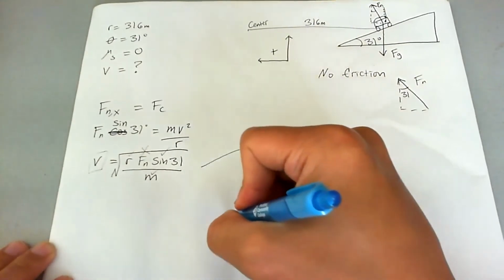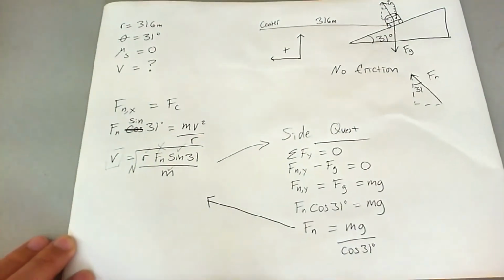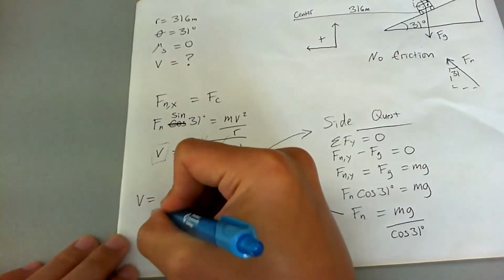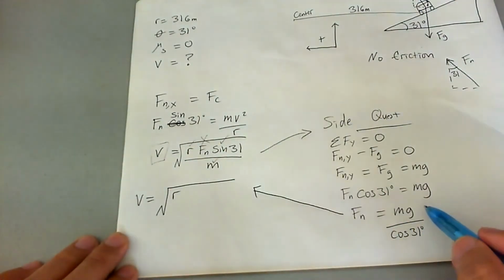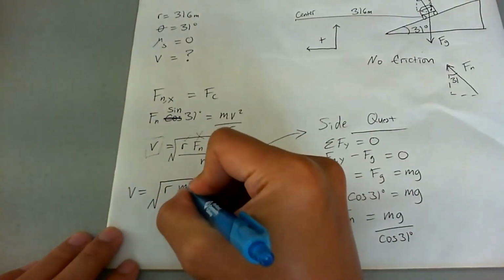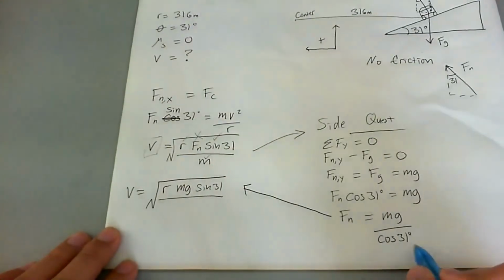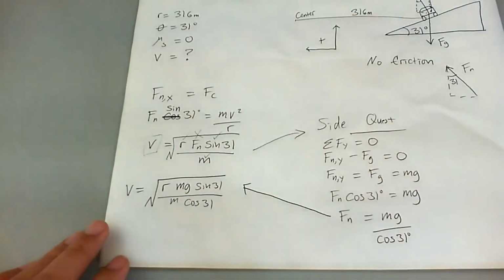Let's take that and plug it back into our original equation. So the side quest is over. V is then equal to the square root of r, but now Fn is going to be mg sine 31 on top, divided by the m, and then cosine 31 on the bottom.